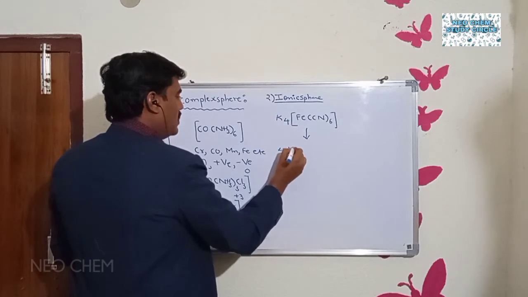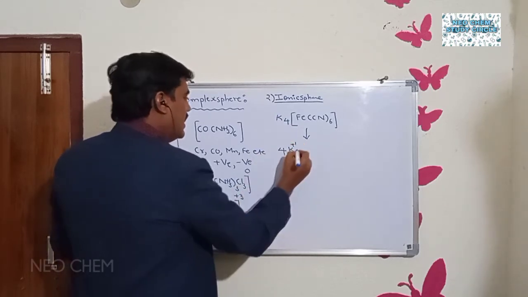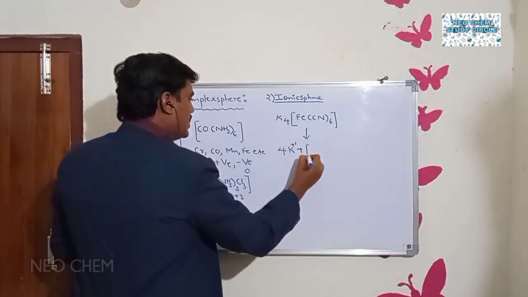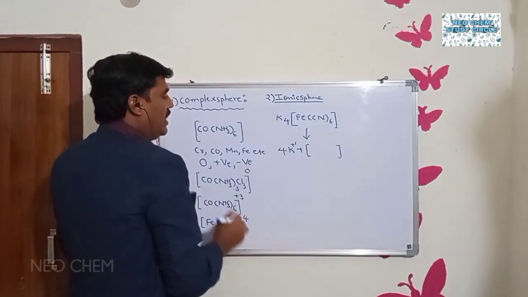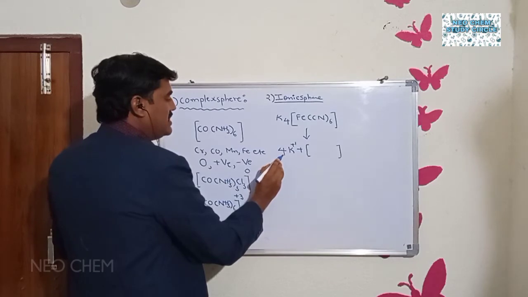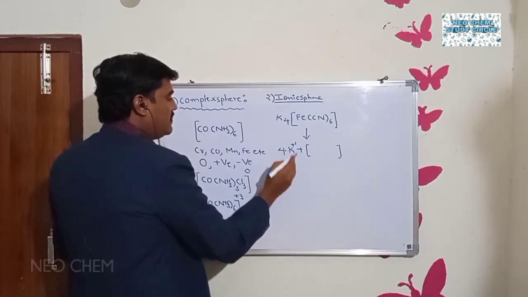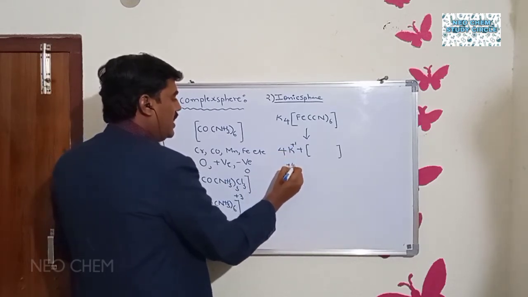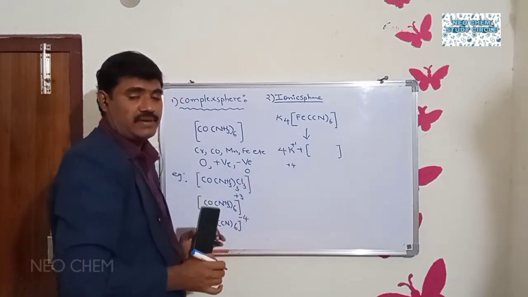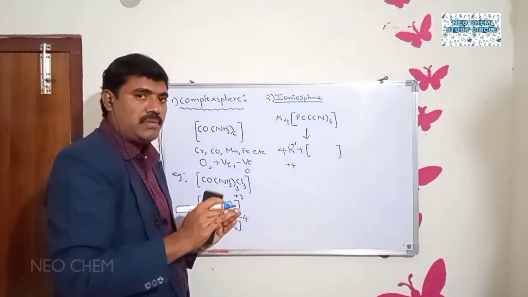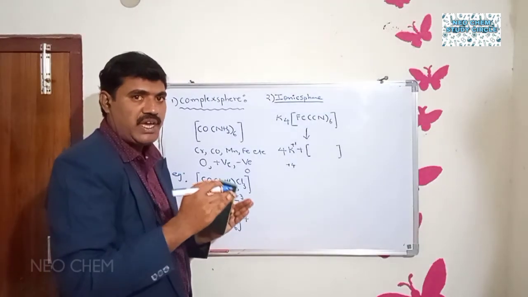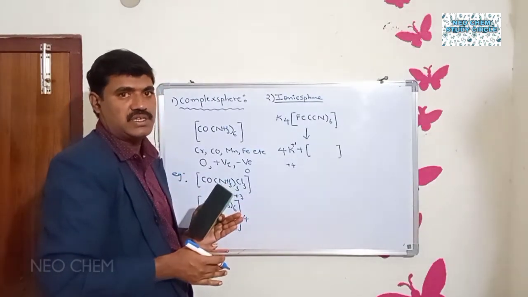So 4 K+ plus the complex sphere. Here, totally how many positive charges are there? 4 into plus 1, plus 4. So totally 4 positive charges are there. Commonly in an ionic compound, the total number of positive charges must be equal to the total number of negative charges.